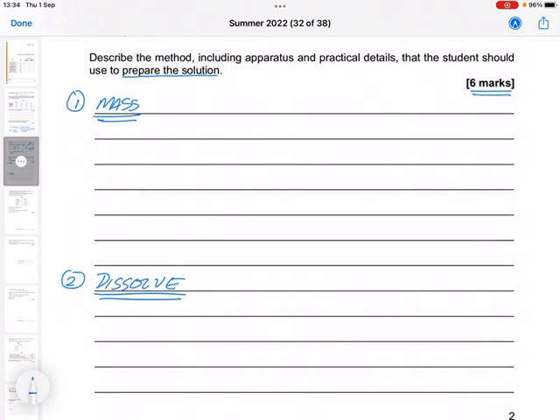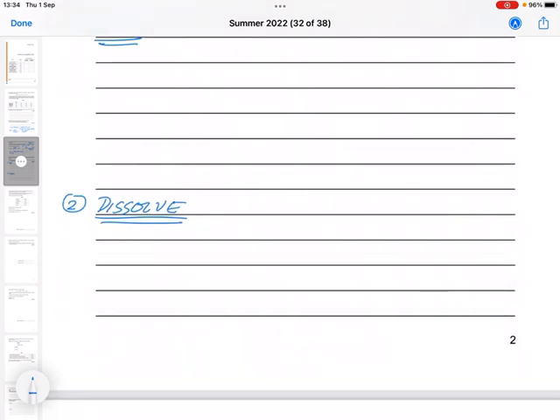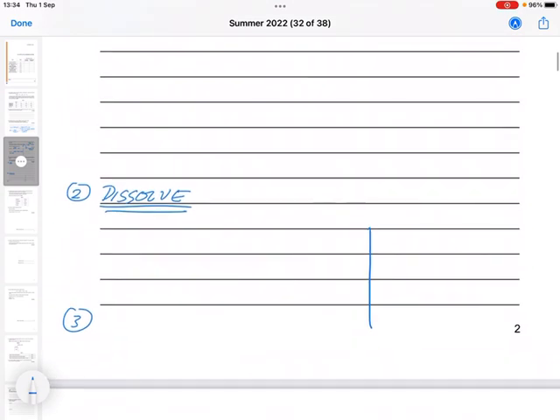And then the third stage, which I'm slightly out of room for, but I can squash that in or move things up as I need. The third one here is transferring, washing, and mixing. It says agitation in the mark scheme, but it's making sure that it's all mixed together. So transfer, washing, and agitation, which is basically mixing.